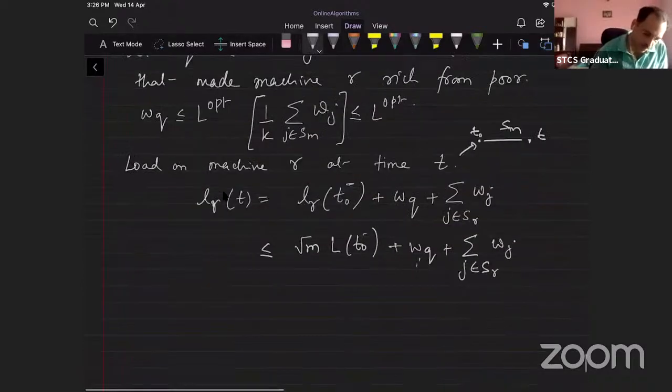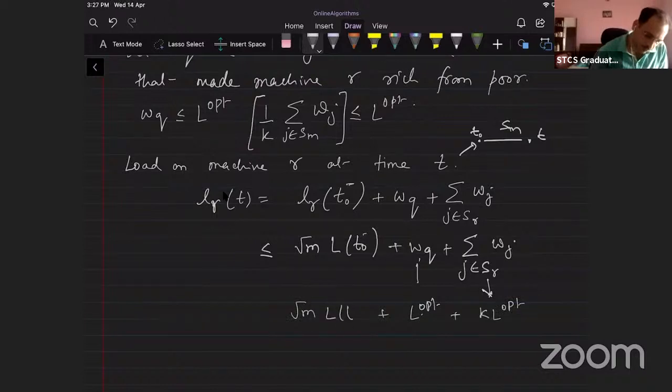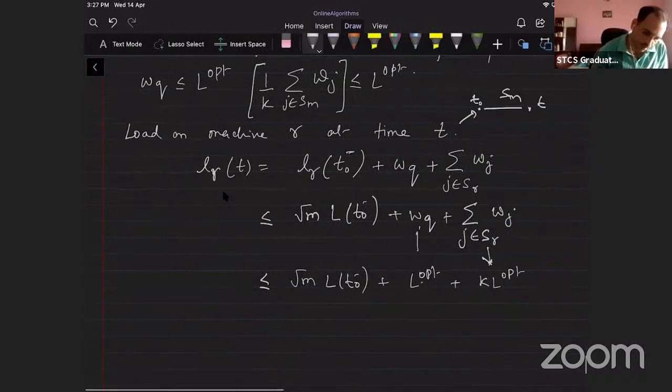Now this quantity, as we said, is less than LOPT. This is less than K times LOPT. This is as it is. And now K is at most square root M. That also we have seen.